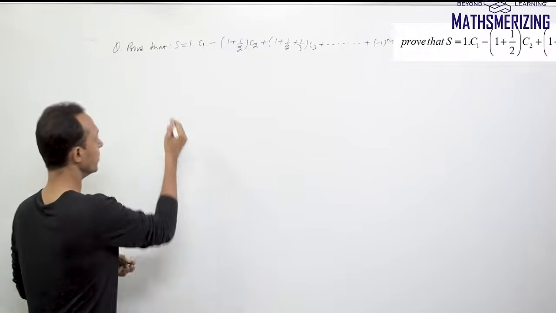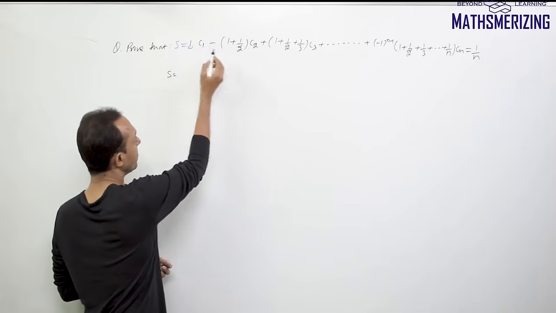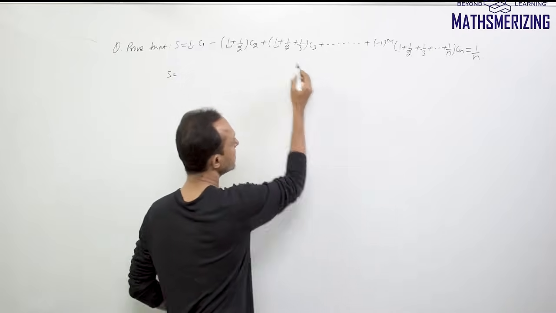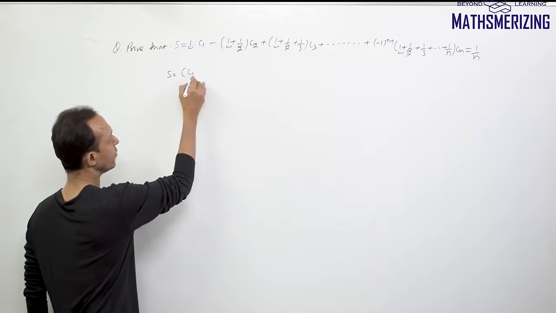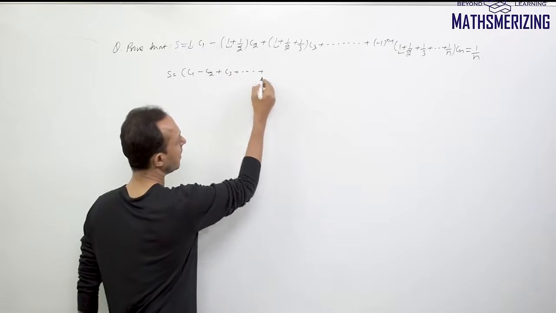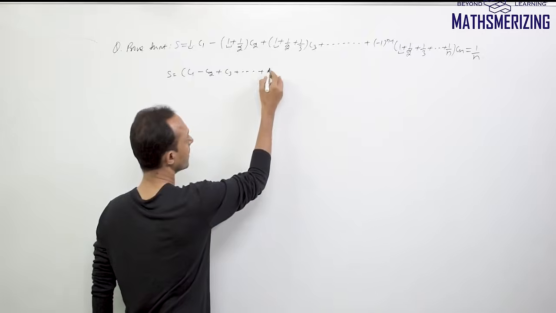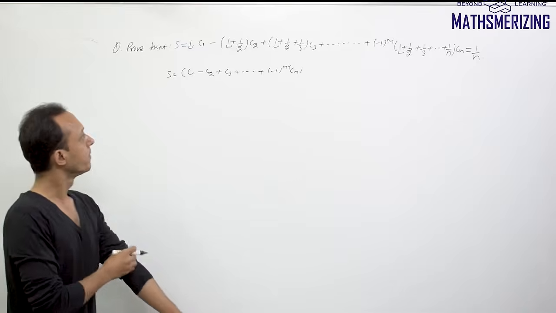Now what I'll do is rearrange the series. I'll take up all the terms which are multiplied with 1. So if I take all these terms, I can write it as C1 minus C2 plus C3, and the last one will be minus 1 to the power n minus 1 into Cn.